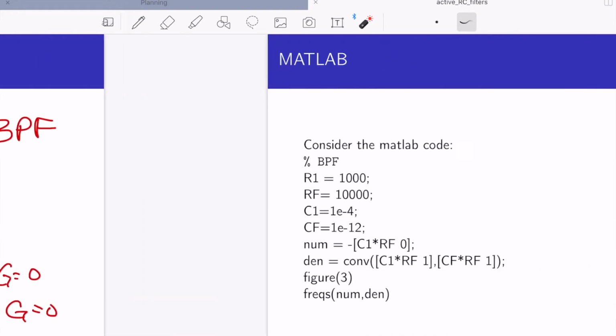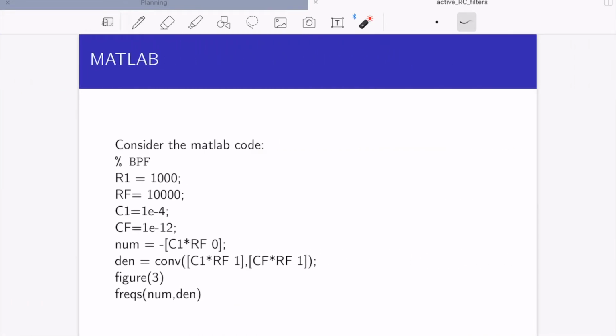So we can take this and put it into MATLAB with some values. I can define the numerator, define the denominator. For the denominator, I could have multiplied it all out, and then had S squared, S to the 1, S to the 0 terms, but you can also use the MATLAB function to do that for you.